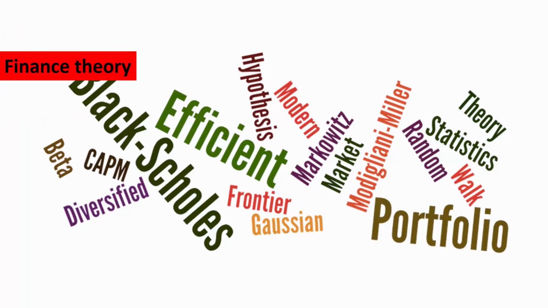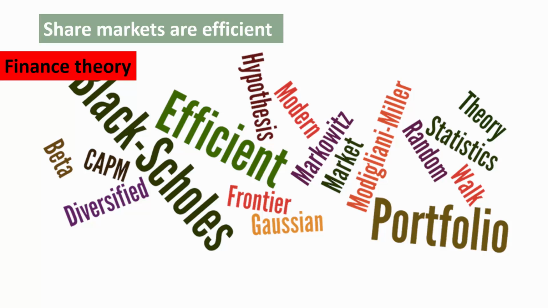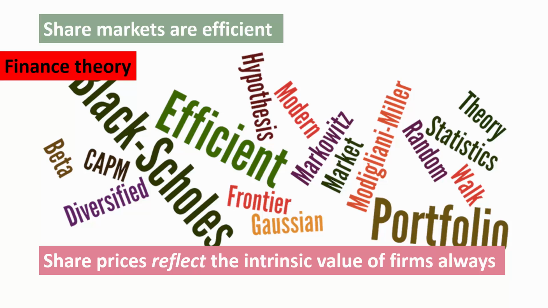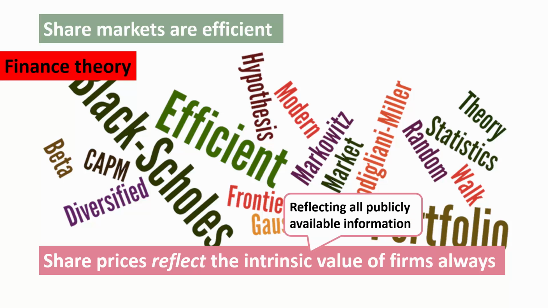You may have studied finance theory. Much of modern finance theory is based on the notion that share markets are efficient and the share prices of listed companies effectively reflect the intrinsic value of firms always, often expressed as reflecting all publicly available information.